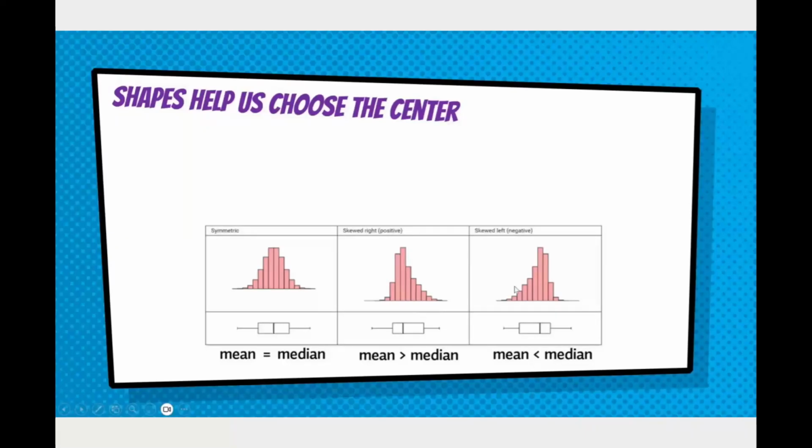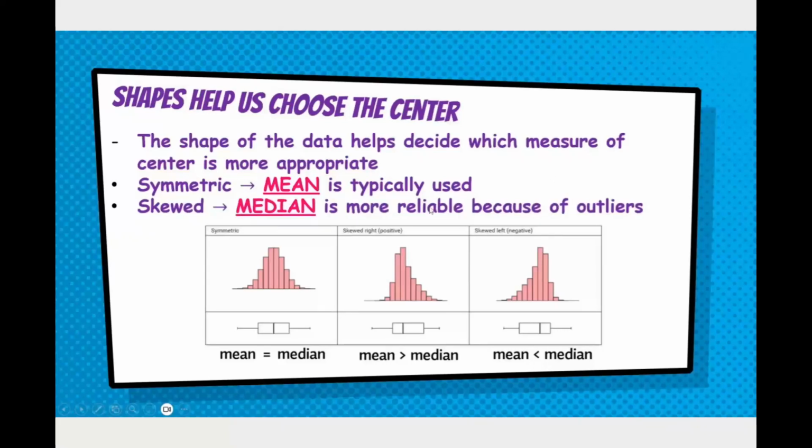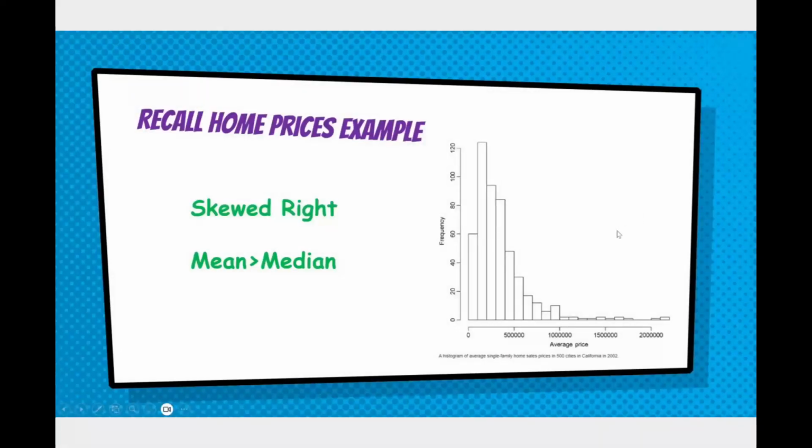It's going to ignore these numbers that are really high and really low, and give us a better idea of the overall picture of our distribution. So the shape of the data helps us decide which measure of center is more appropriate. If it's symmetric, the mean is typically used. If it's skewed, the median is more reliable because of outliers.